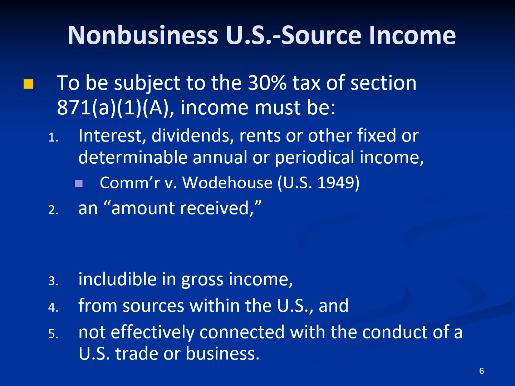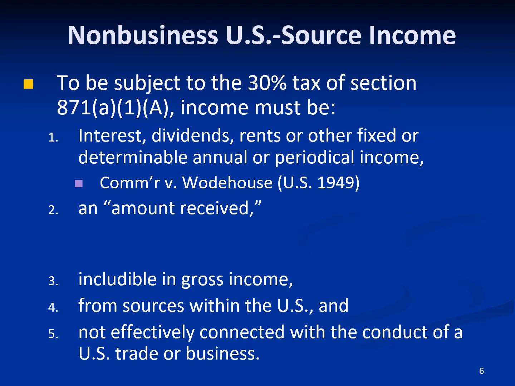Today, this interpretation is reflected in the regulations, specifically Regulation 1.1441-2(b)(1)(i), which is discussed on page 230. Thus, a payment of royalties, or of interest, dividends, or rent, need not be paid annually or periodically in order to be subject to the 30% tax.